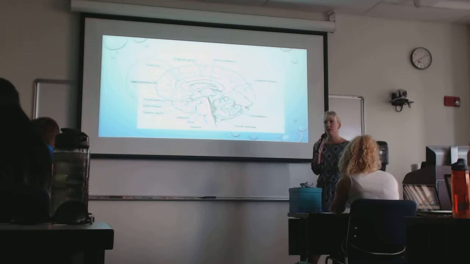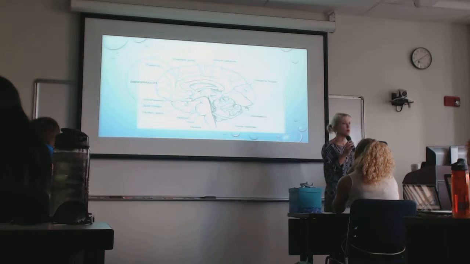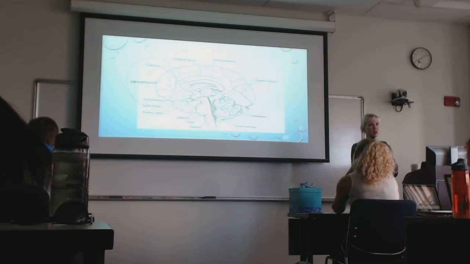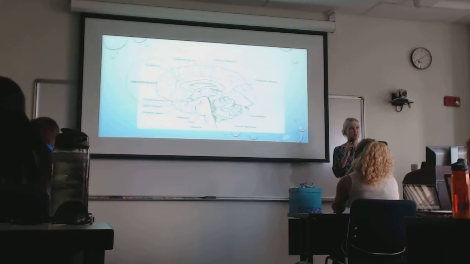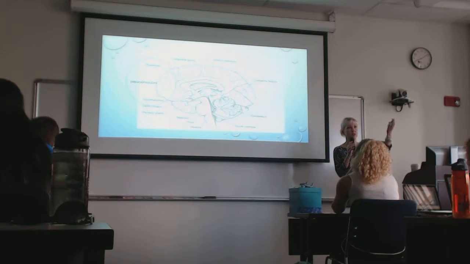So the ventricular system in the brain includes a lateral, third and fourth ventricle. That's where your cerebrospinal fluid is produced and where it circulates. It's kind of like the water in the jar, so that your brain isn't just hanging out. It at least is floating and suspended in space. And the hypothalamus, again, is that motherboard to the motherboard, right? So it controls everything that the pituitary is driven to do.